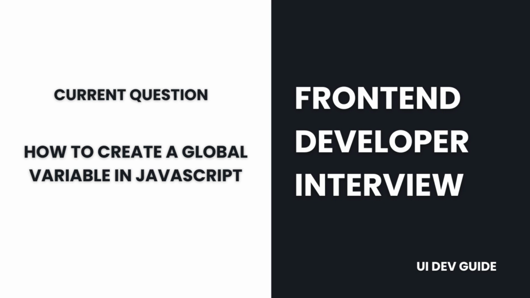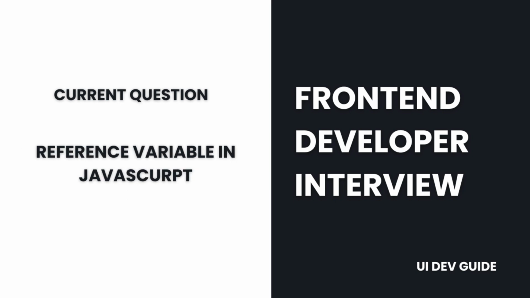Create it at the top level using var. No, I'm saying I want to create a global variable. No, I'm not sure. Okay. If I want to create a global variable, we don't have to pass var, let, or anything. It will be global.